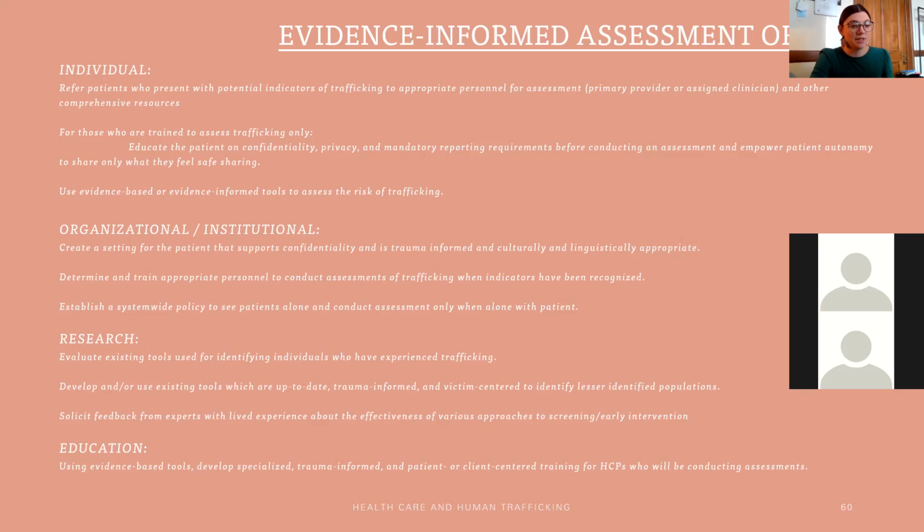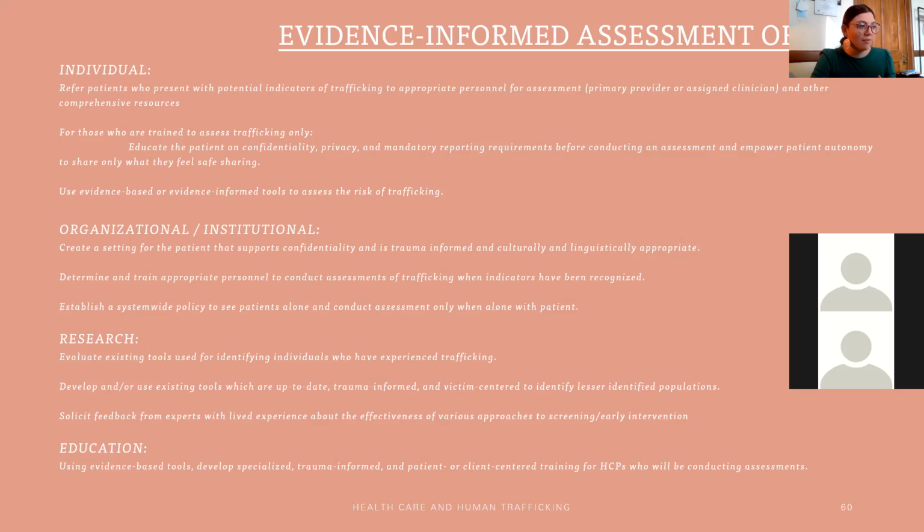Research and evaluate existing tools and identify individuals who've experienced trafficking. Again, are they 20 years old, 5 years old, 2 years old? What does that look like? Develop and use existing tools that are up to date, trauma-informed, victim-centered, and solicit feedback from experts with lived experience about the effectiveness of screening tools and early intervention.